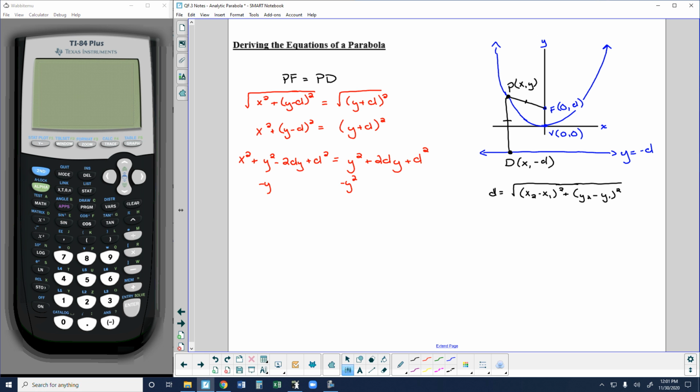So I'm going to subtract y squared, and these are going to cancel each other out. I'm going to subtract 2dy. Those will not cancel out. Those would simplify to a negative 4dy. Then I'm going to subtract d squared to move it to the other side of the equation.